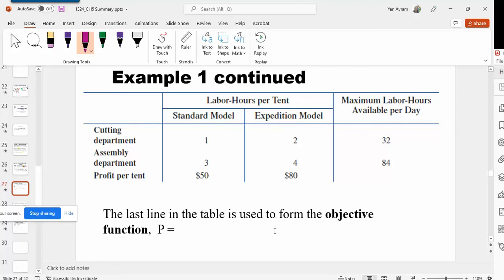So what is the maximum labor? Maximum means you have to be less than or equal to. You cannot be greater than 32, and you cannot be greater than 84. That is the maximum in here.